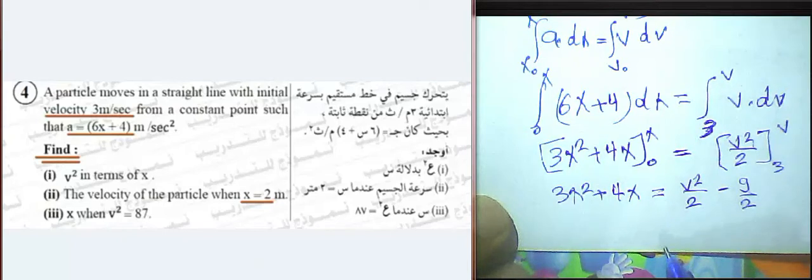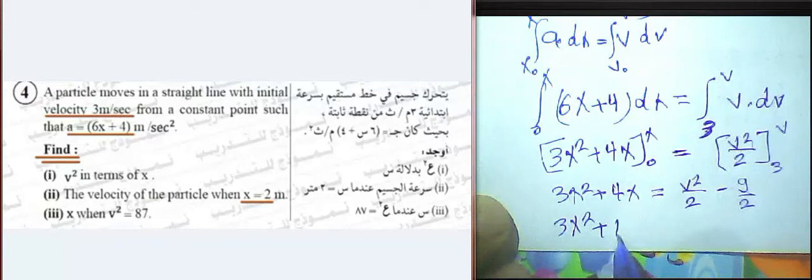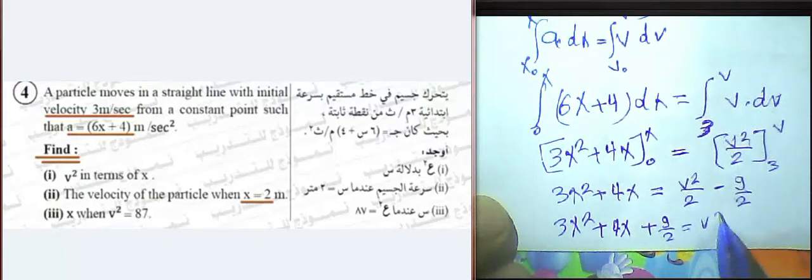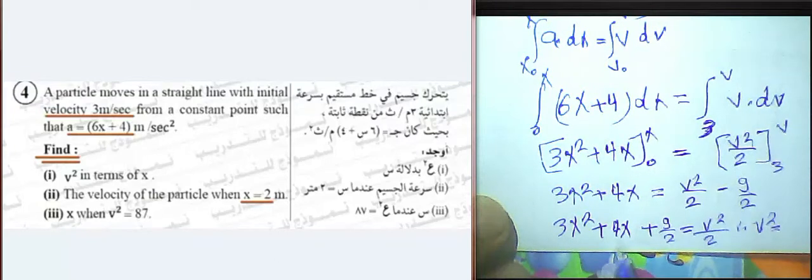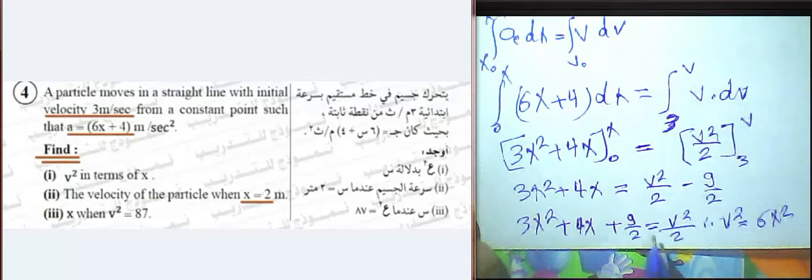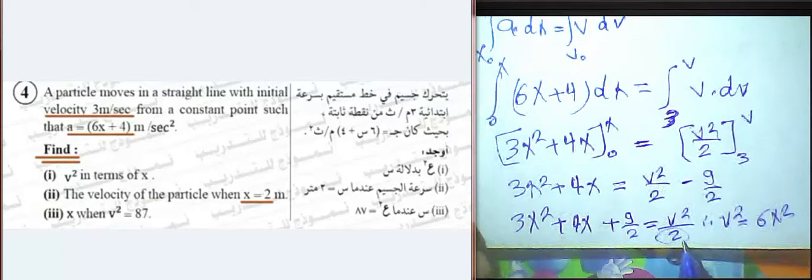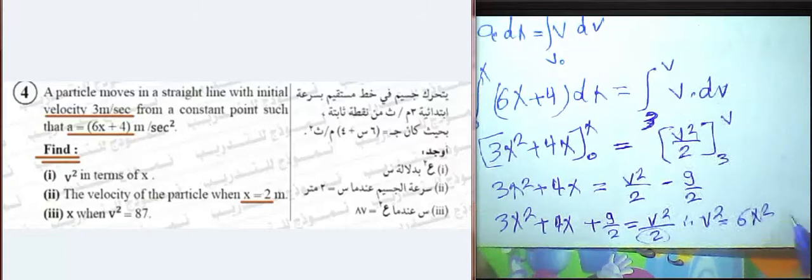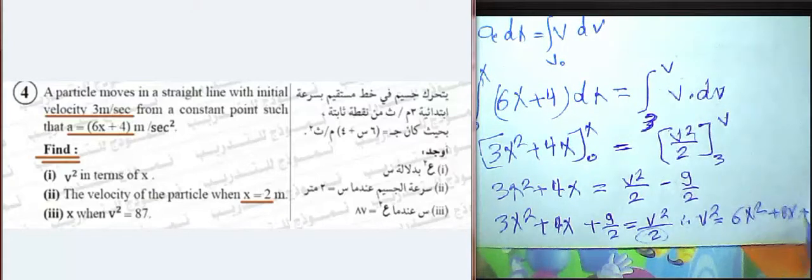We want to find v square in terms of x. Then 3x power 2 plus 4x plus 9 over 2 equal v square over 2. Then v square equals 6x power 2, okay, multiply by 2 here to cancel the denominator, 6x power 2 plus 8x plus 9.